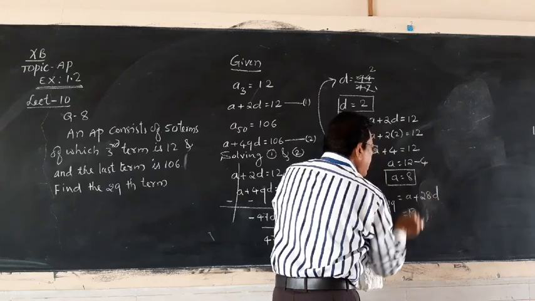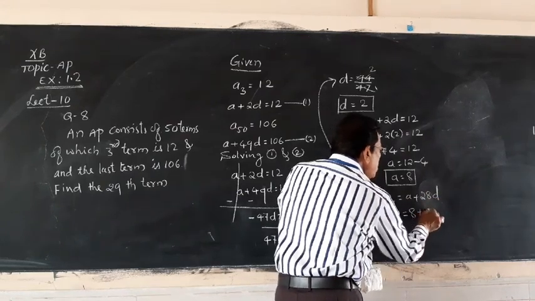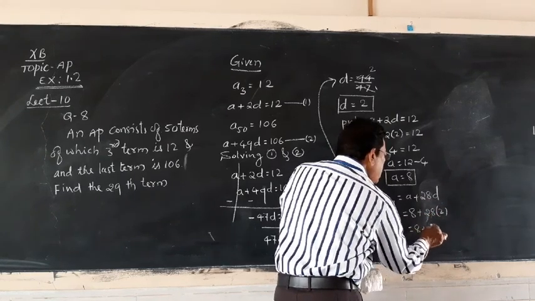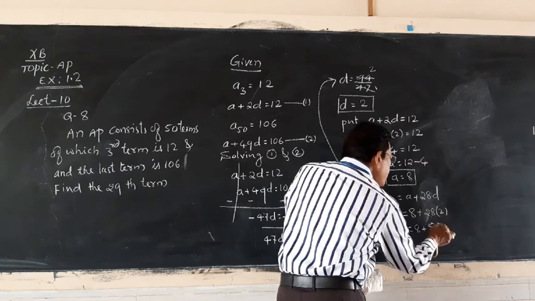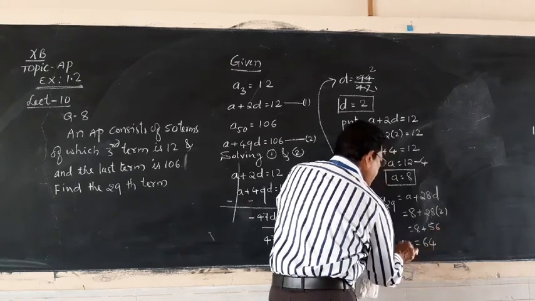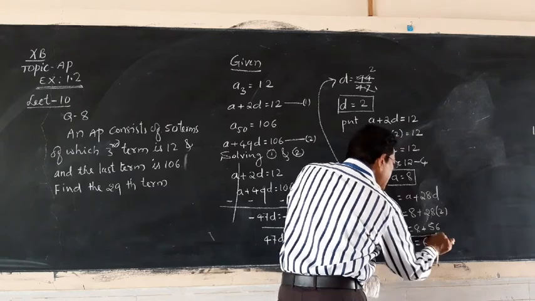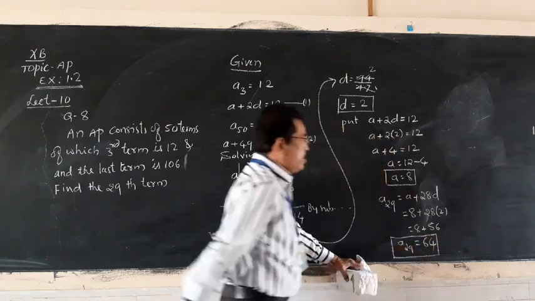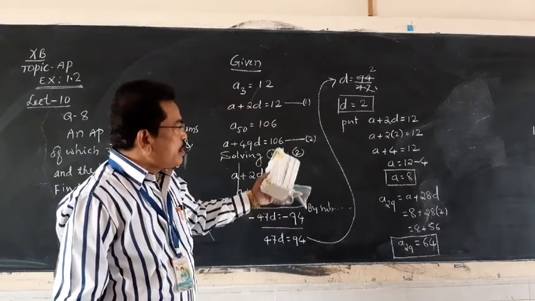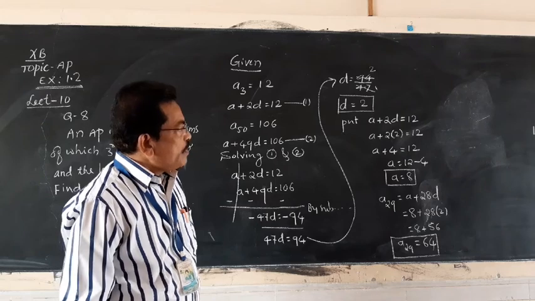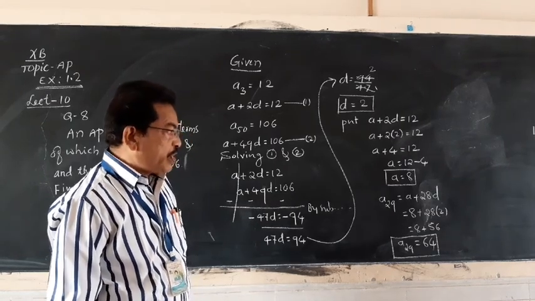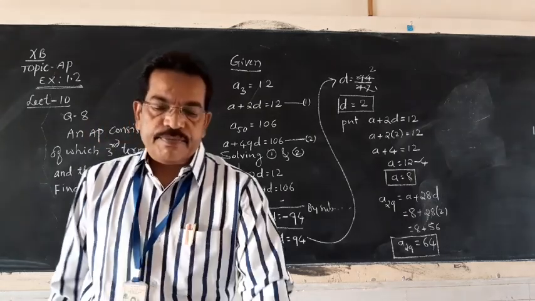A we got already, 8, plus 28 into 2. 8 plus 28 twos are 56. That equals 64. That is, the 29th term is 64. Okay, let's see the solution.